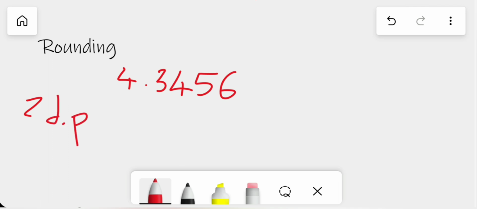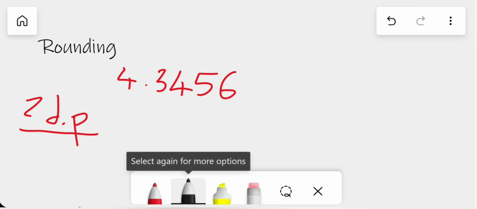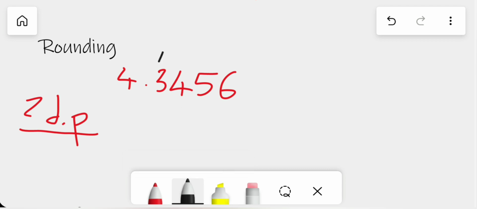All right. First of all, we need to understand where we're rounding to. And as you can see, it says 2 decimal places right there. If we count the number of decimal places, you'll notice that we'll have 1, 2, 3, 4 that are there. But we're only interested in 2. So we need to go to where 2 stops, which is at this 4.